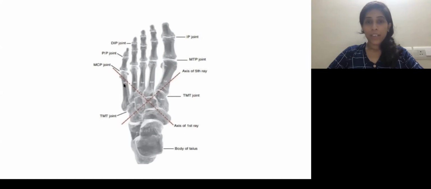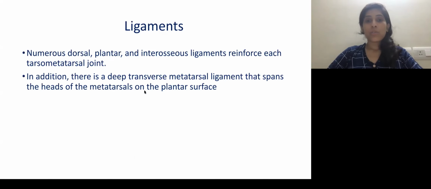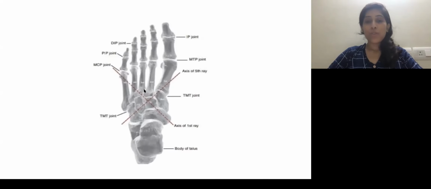The fourth and fifth metatarsals have the same attachment. They both attach to a single bone, and they also share the same capsule. So these are the main tarsometatarsal joints.